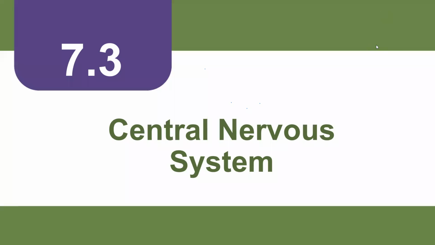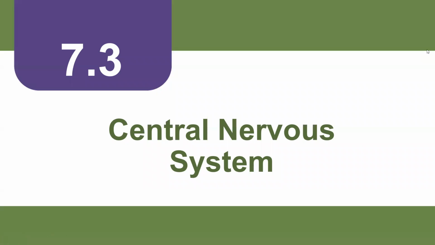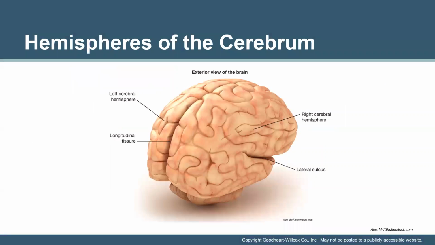Okay, so let's go into the central nervous system. There's a nice chart on page 216 that helps break down and separate the anatomy. When we're looking at the brain itself, we have to understand the parts of the brain.